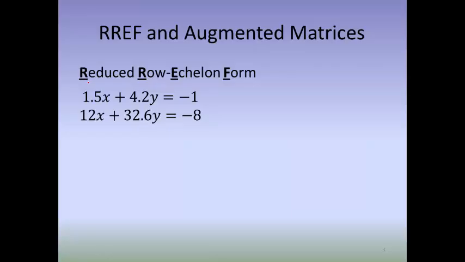RREF stands for reduced row echelon form. Just so you know what it means, that's what it means. Now, how are we going to enter this? We're going to use what's called an augmented matrix.